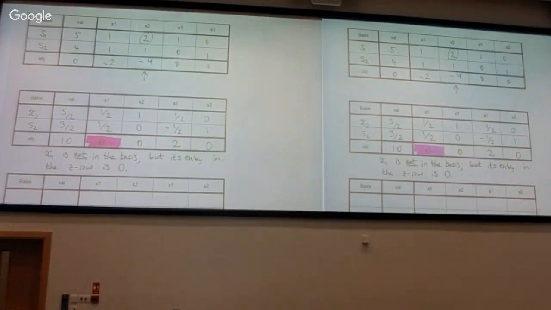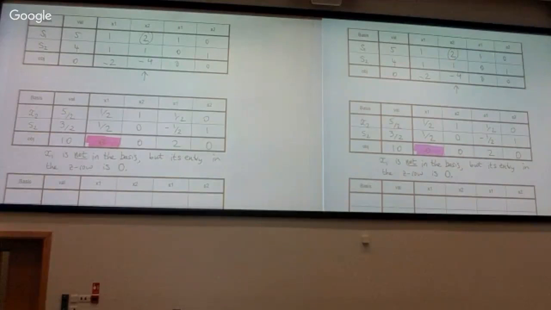Now, if we pivot on a negative value in the objective row, what happens usually? After the pivot step, the objective increases.